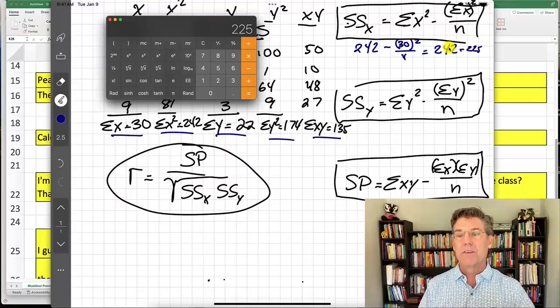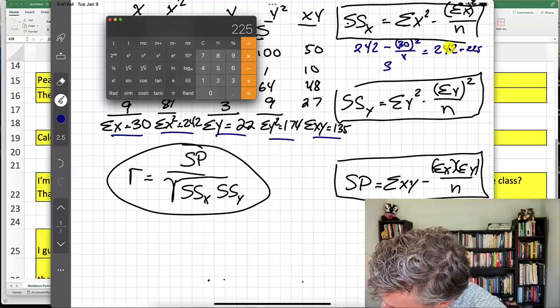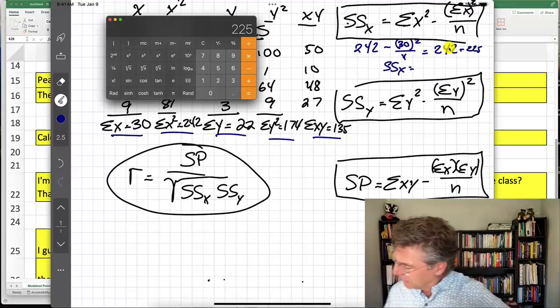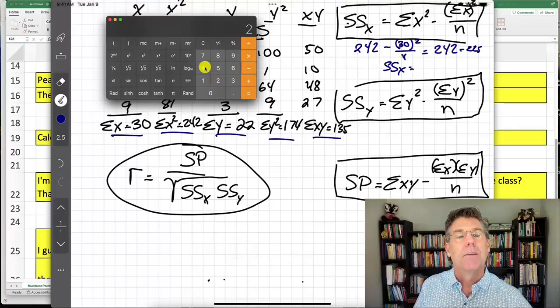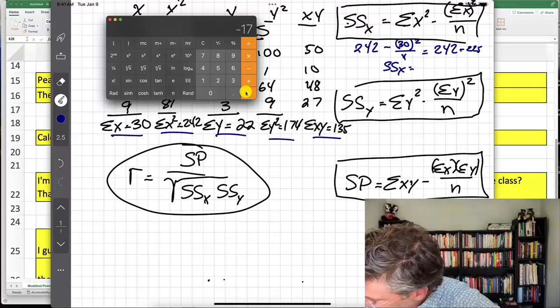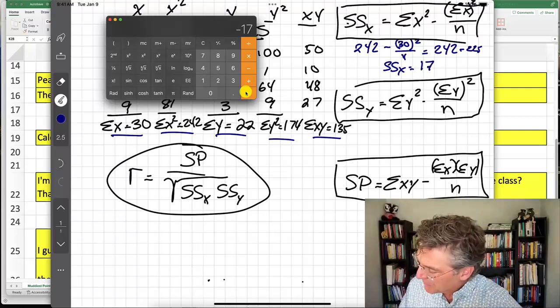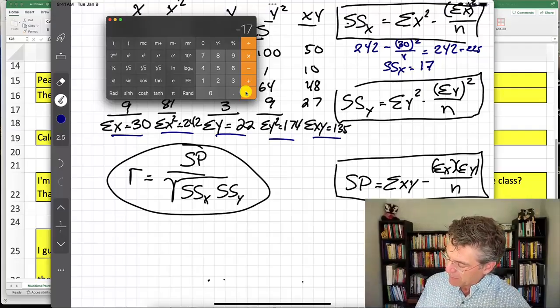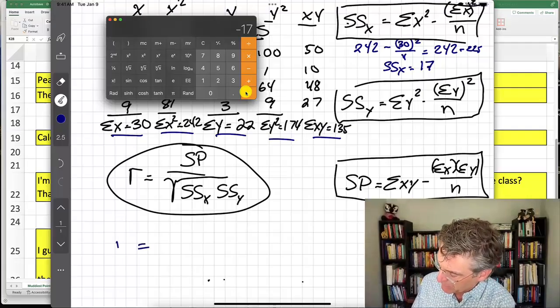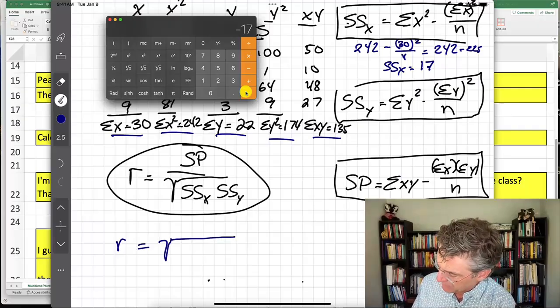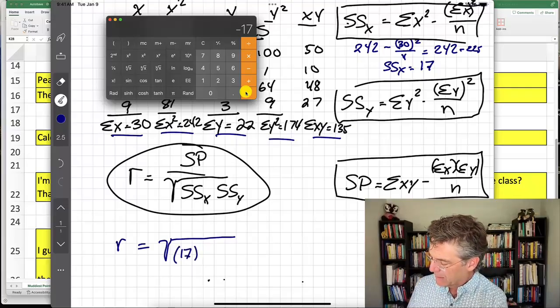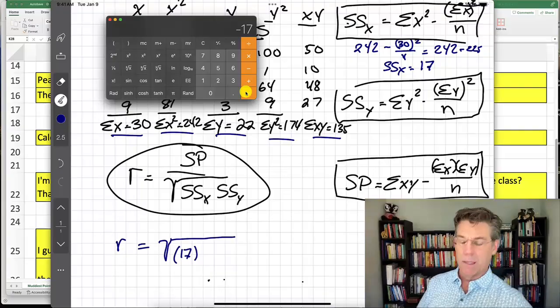Okay, 242 minus 225 gives me a sum of squares x of, I'm just going to do it up here, 225 minus 242, and then it'll just be the inverse, so 17, so it's positive 17. Okay, so that's my sum of squares x. So now if I want, I can start building my r calculation down here, and I just figured out the sum of squares x is 17. So I'm going to put that down there inside the square root.